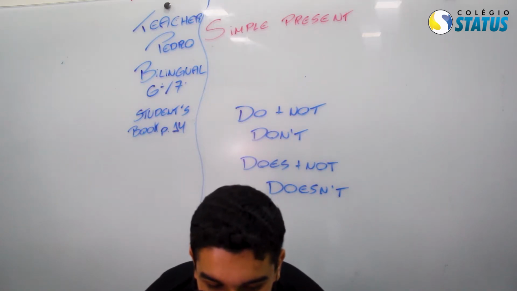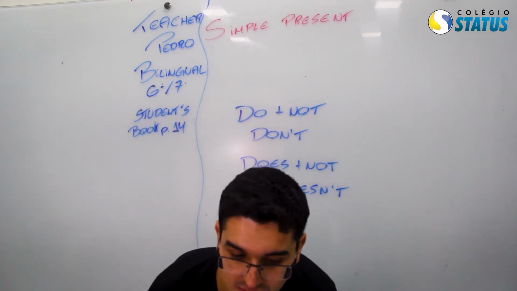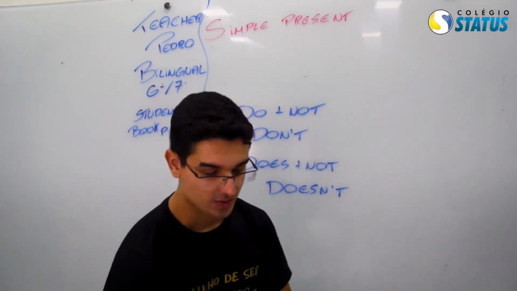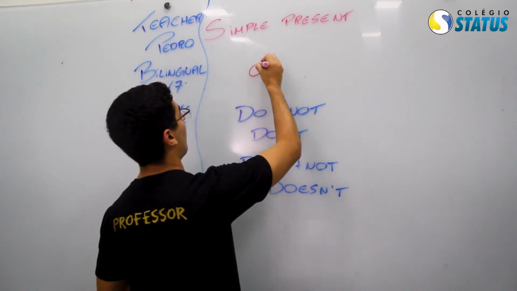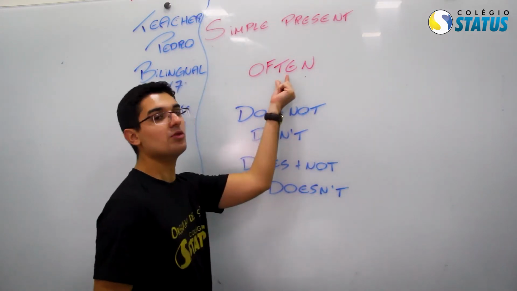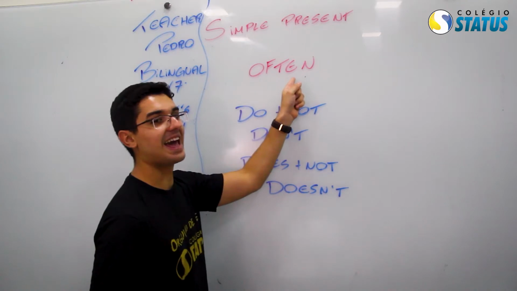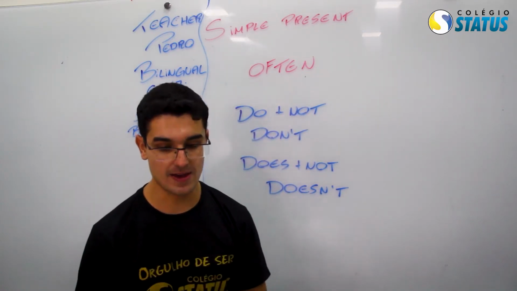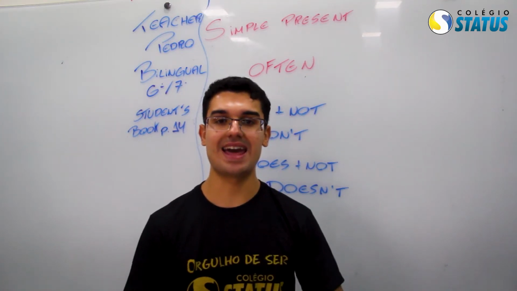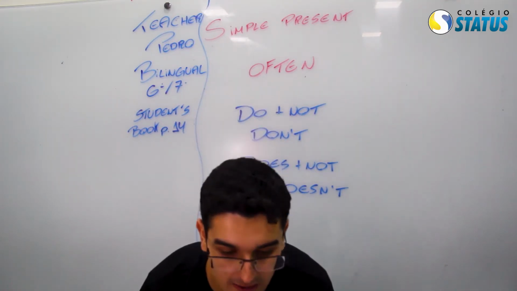Then we have usually, often, sometimes, not often. Pessoal, vale a pena destacar que often tem um T mudo, ok? You don't say often, you say often, ok? Then we have not often, not usually, and never, ok?